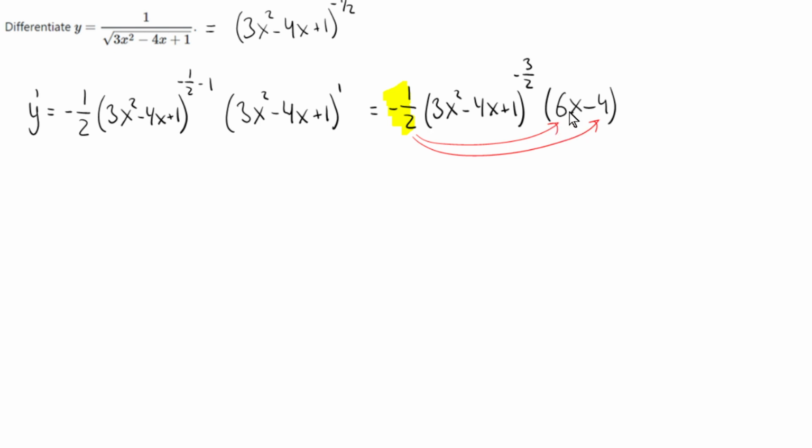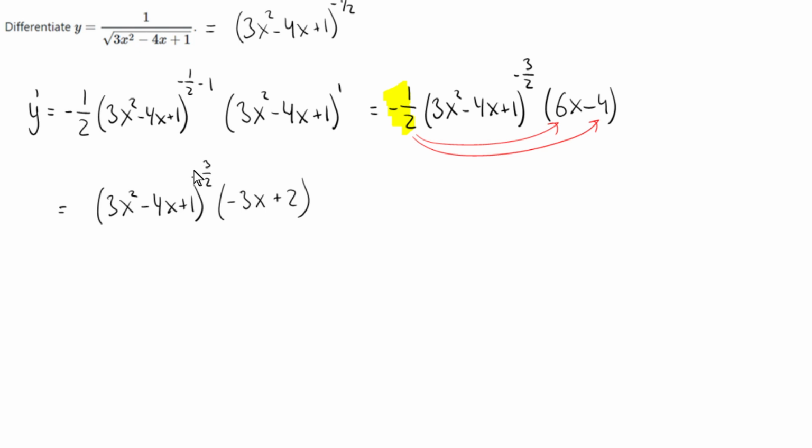So if we do that, we're going to get 3x squared minus 4x plus 1 to the power of negative 3 over 2. And then from this binomial, we have negative 3x plus 2 remaining.